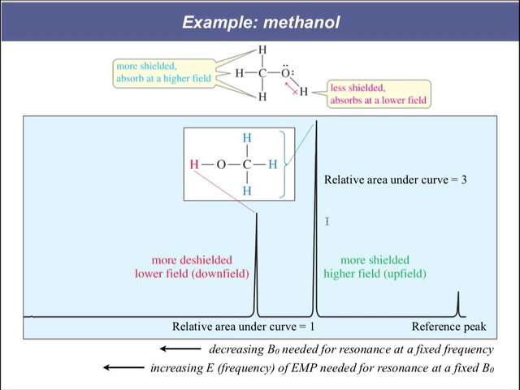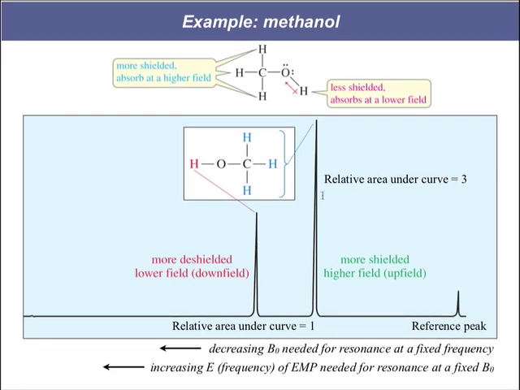You'll notice that these peaks are different sizes. Now, it's not the height of the peak that matters in NMR. In mass spec, you'll remember, the height of the peak tells us the frequency, how often those fragments are formed. In NMR, it's actually the area under the curve. That's called integration in mathematics. It's the area under the curve that tells us how many protons are generating that signal.